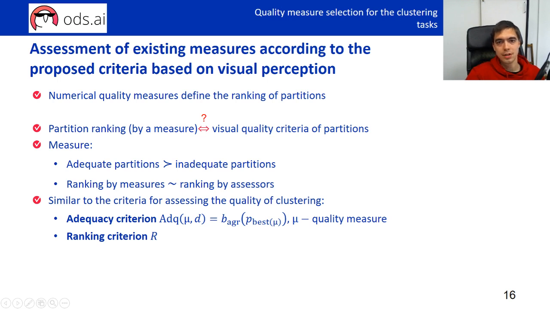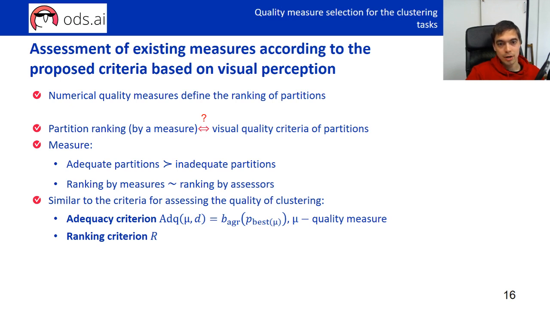Next, we'll consider the task of assessing existing measures according to the proposed criteria of visual perception. Numerical quality measures also define the ranking of the partitions. Well, it's more or less evident fact. It's necessary to compare the ranking of the partitions given by measure and the visual criteria of the quality of the partitions. It is required that adequate partitions are estimated by measures higher than inadequate ones, and also that the rankings of the partitions set by measures and assessors are similar in some way.